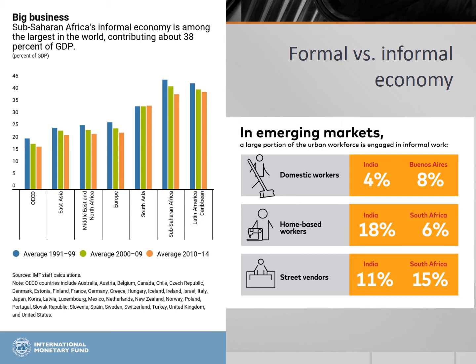Now, the formal economy is the legal economy that governments tax and monitor. So the informal economy is the uncounted or illegal economy that governments do not tax and keep track of, including everything from a garden plot in someone's backyard to the black market to the illegal drug trade.